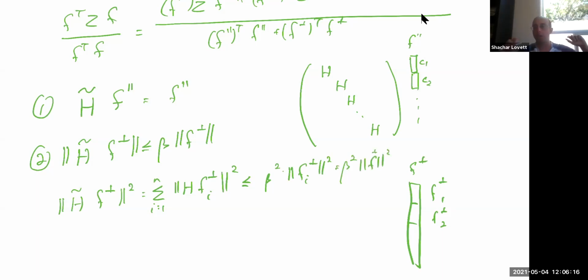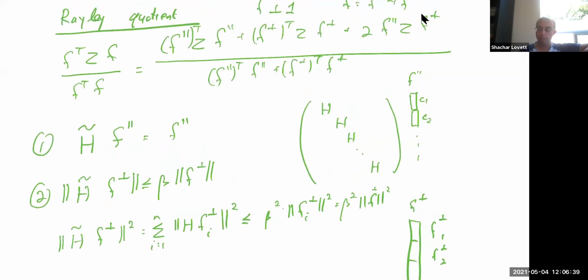Again, this is because the action is block by block, and every block is shrunk by a factor of beta in L2 norm. And then this is just a short calculation showing why this also shrinks the global L2 norm by a factor of beta. Again, this is just the local H action.